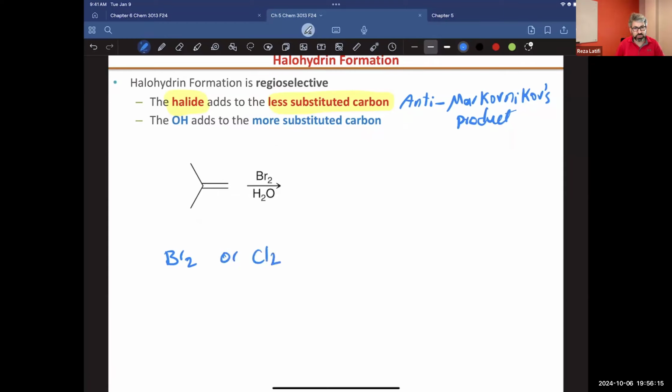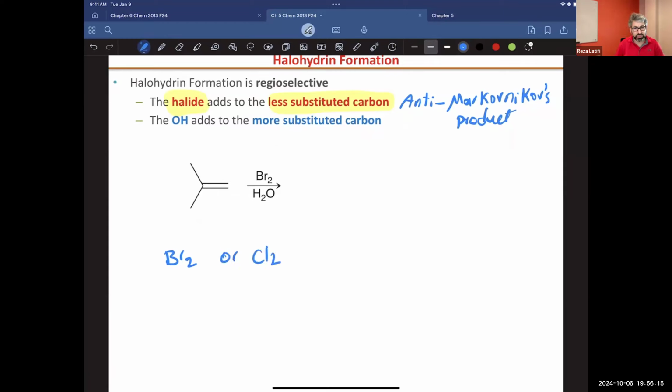Let's say you replace one of the hydrogens by a methyl group. This piece can behave as a nucleophile. So we have a protic solvent, and our solvent can be water or methanol or ethanol.